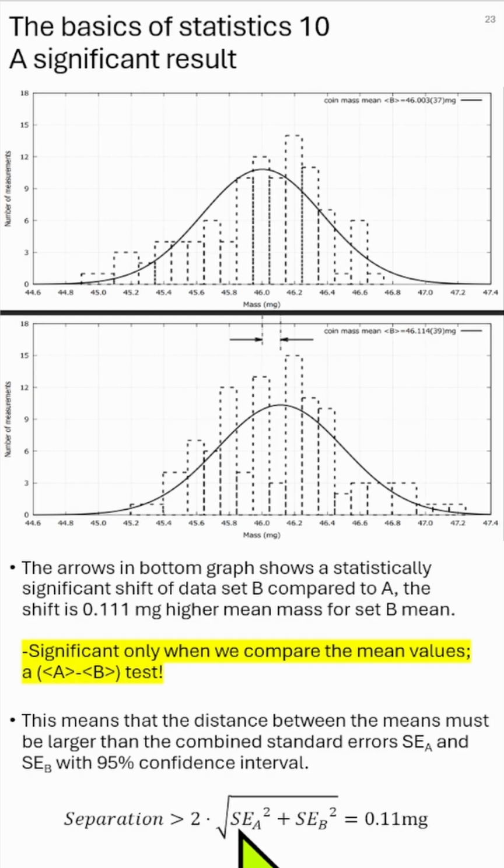And the combined standard error we calculate as the square root of the quadratic sums of the individual standard errors. So all this calculation ends up that the separation must be larger than 0.110 milligram. And it was 0.111. So this is a statistically significant result with 95% confidence interval.